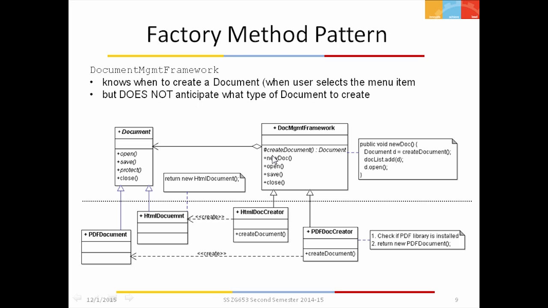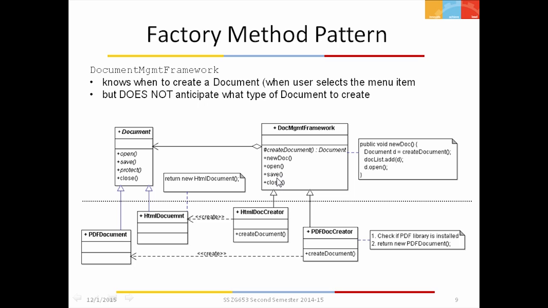This is basically a method that is supposed to create a document, but in this particular class there is no implementation of this method. So this is an abstract method. Create document is an abstract method. Plus there are other methods like new document, open, save, close.